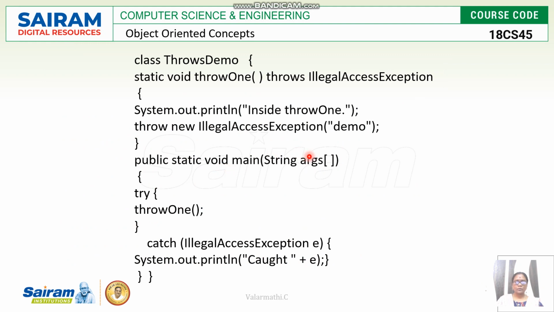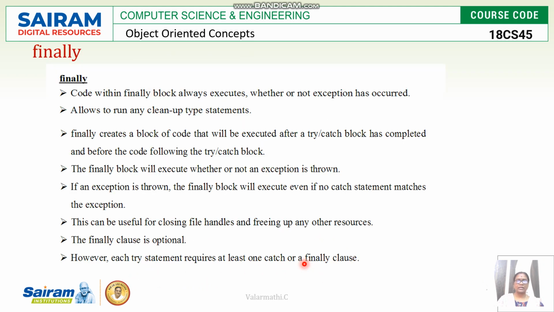In public static void main, String args, it calls the throwOne method. At that time, using System.out.println, the message inside throwOne is displayed, and then it is caught by the IllegalAccessException. System.out.println prints caught along with its error message.